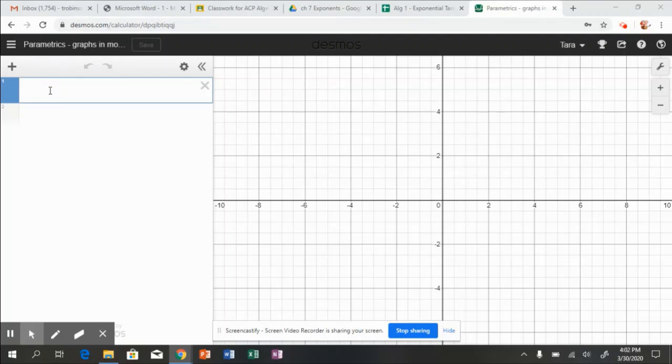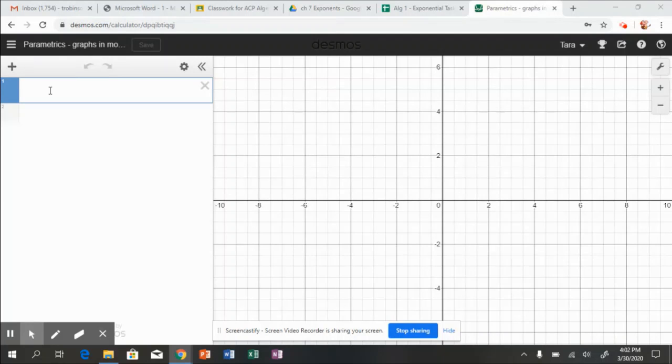What you are doing is putting the parameters of your two different functions into one function that you are going to graph, and then you are going to see a little ball going along the path of your graph.